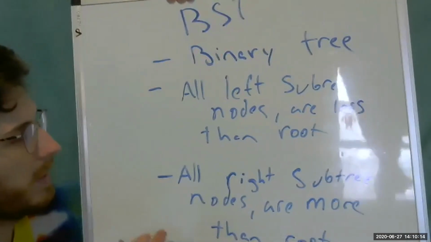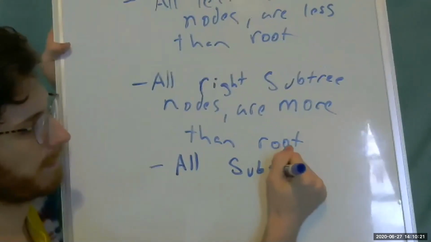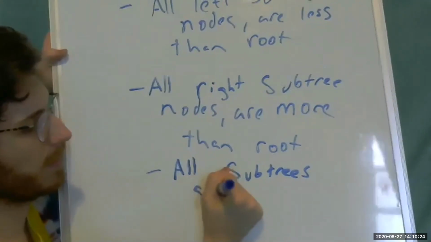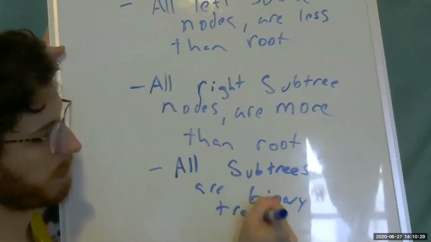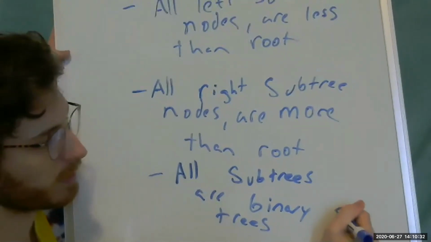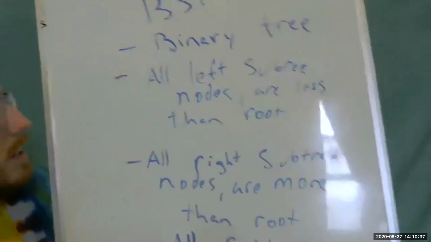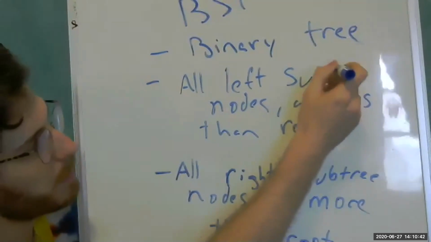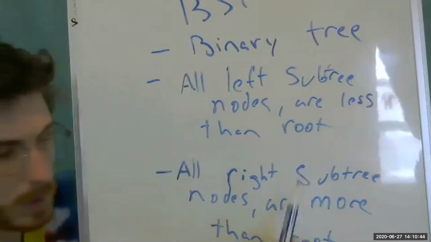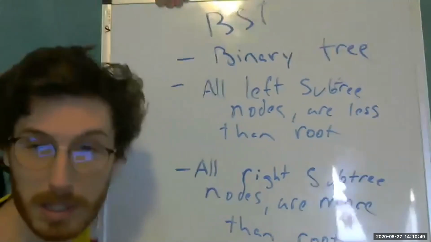So our final rule is all subtrees are binary search trees. That's important. So our binary search tree, it's a binary tree. All left subtree nodes are less than the root. All right subtree nodes are more than the root. You could also say more than or equal, right?